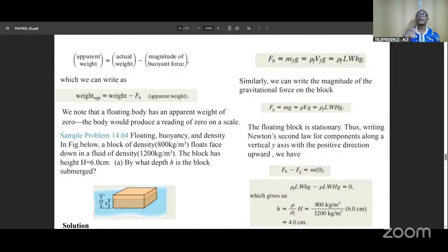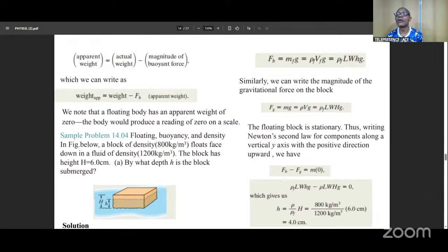If you remember, the buoyant force is something about the weight of the displaced fluid. And if you look at that weight, that's mass times the acceleration due to gravity. And mass has something to do with the density and volume.